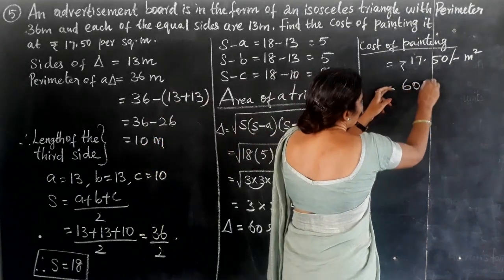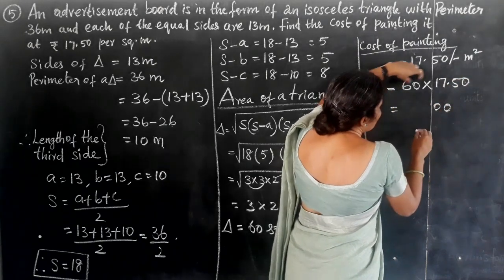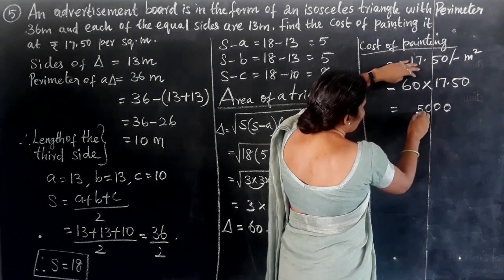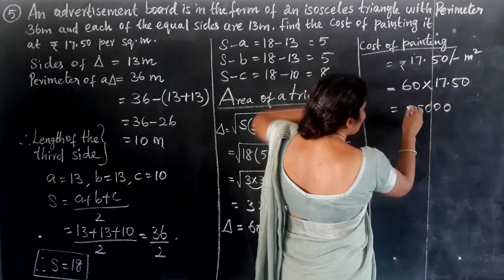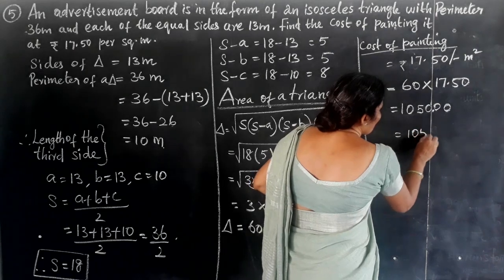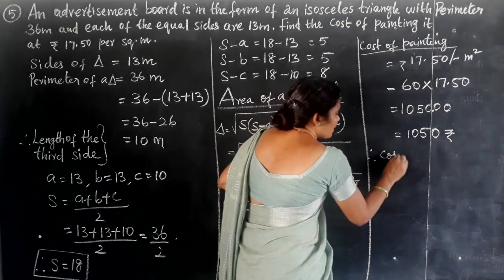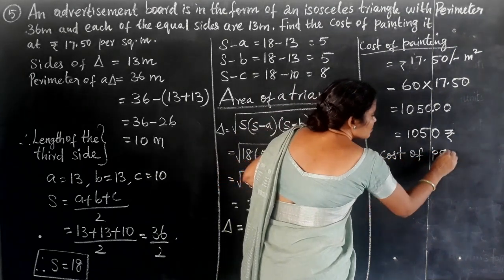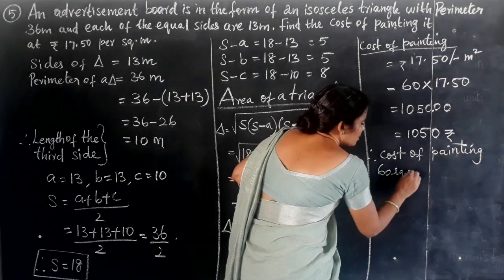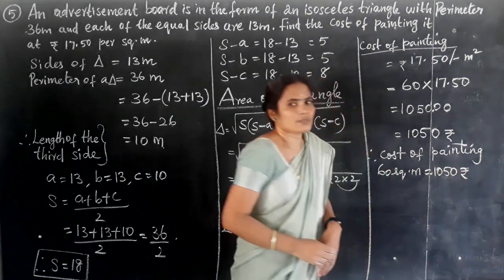So 60 into 17.50. So 2 zeros. 6 5s are 30, remaining 3. 7 6s are 42. 42 plus 3, 45. 1 6 are 6. 6 plus 4, 10. Last 2 decimals. So 1050 rupees. So therefore, cost of painting per square meter is equal to 1050 rupees.